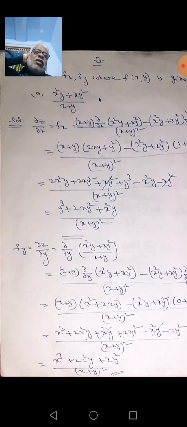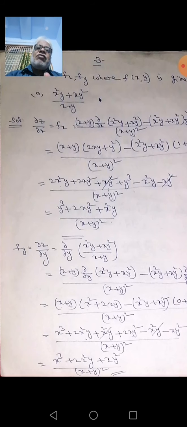But in the numerator there are xy terms, and in the denominator also there are xy terms, so we cannot simplify the values. Suppose we take xy common in the numerator, the function becomes xy, but the problem is here x square y plus xy square.